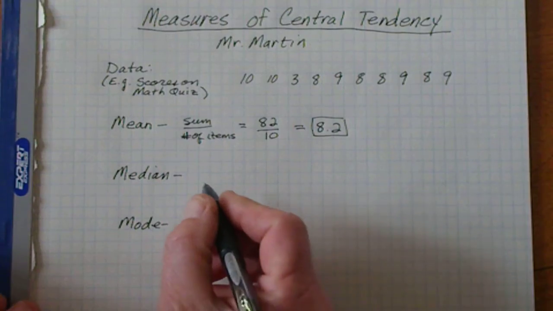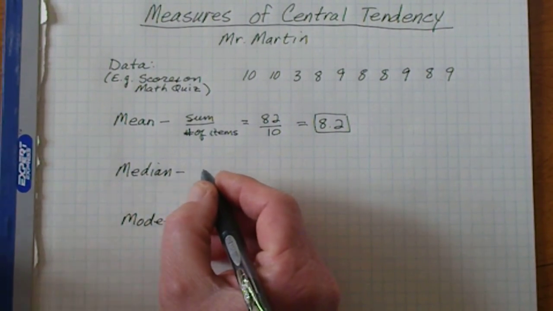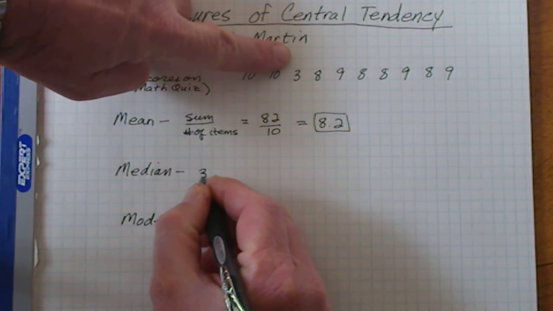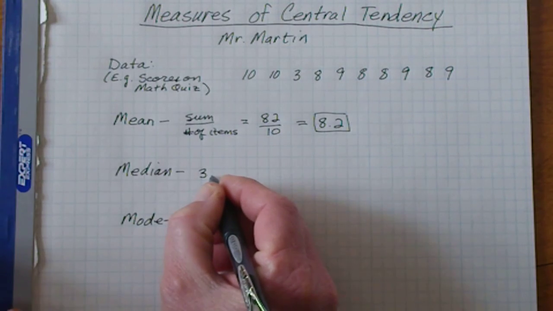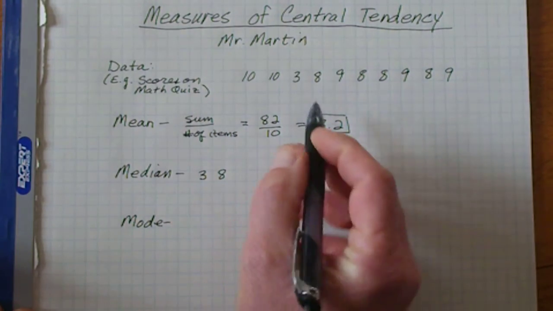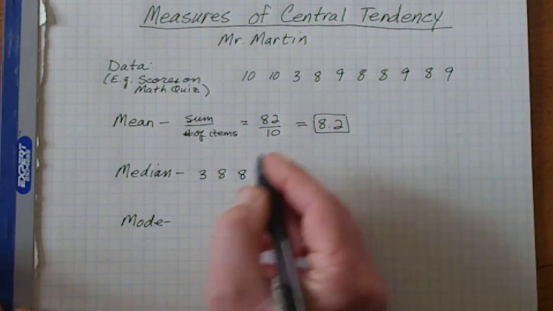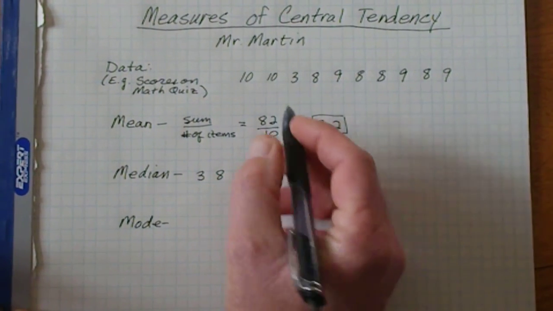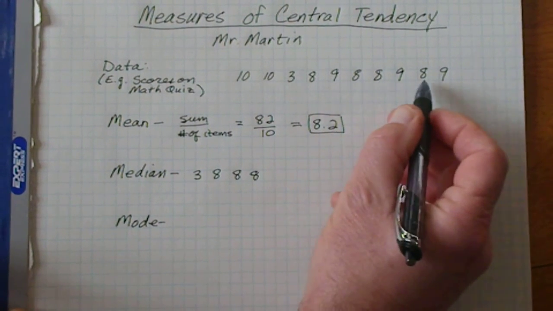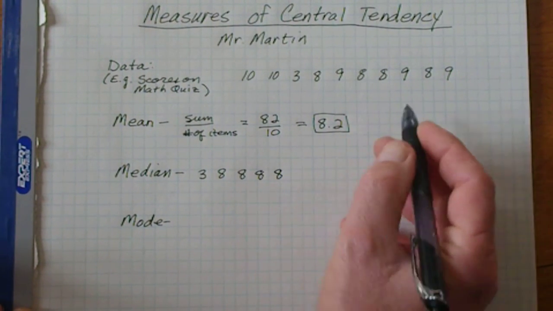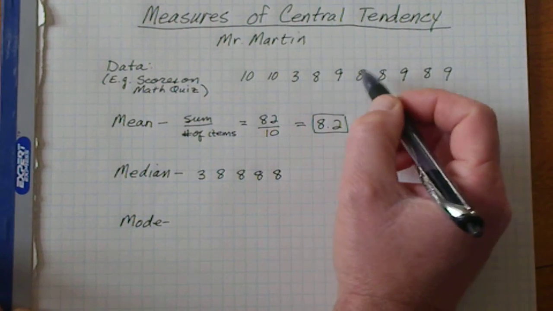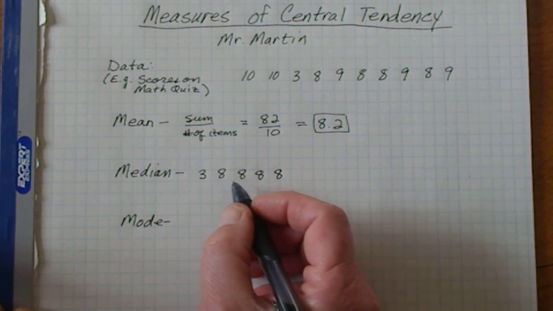So to get the median, I'm going to put these in order. I have a 3, and then an 8, another 8, another 8, and one more 8. A lot of times it makes sense to cross these out as you do them.